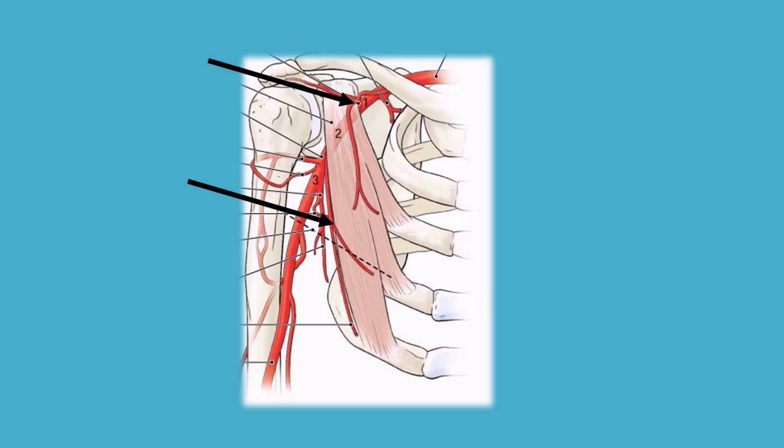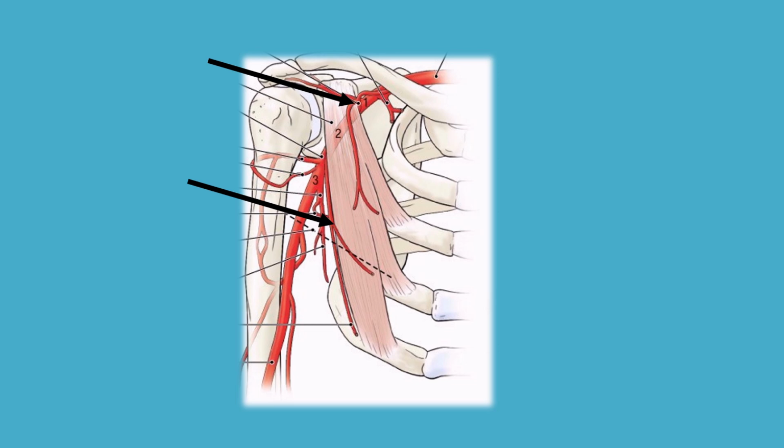The acromial branch runs deep to the deltoid, crosses the tip of the coracoid process, and anastomoses with neighboring branches around the acromion. The next one is the deltoid branch. This passes deep to the deltoid and enters the deltopectoral groove along with the cephalic vein and supplies the deltoid muscle.